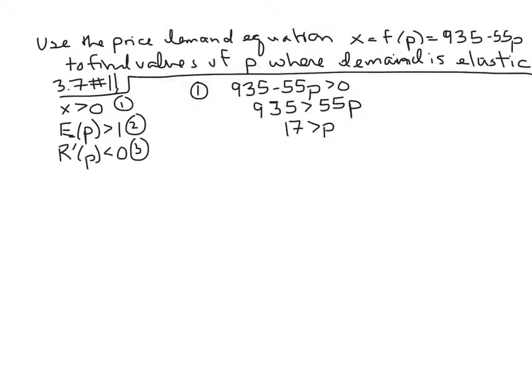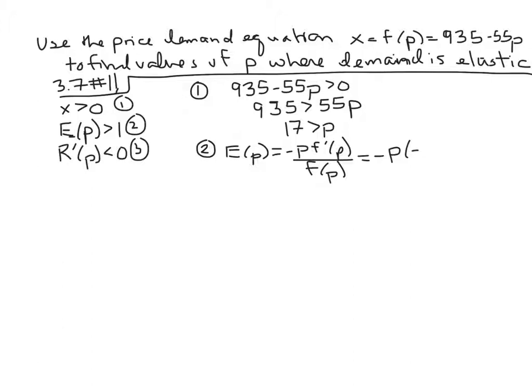Okay, so the next thing that we need to calculate is this elasticity of demand. And that equation is given by, and this is one of the formulas that's given, negative P times F prime of P all divided by F of P. So that is negative P times the derivative of this function up above.